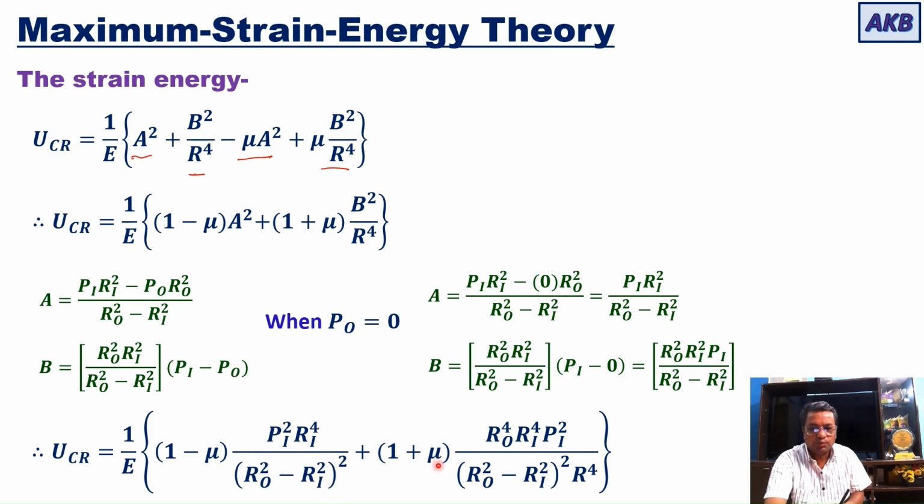Plus (1 plus mu), it is B squared, so I have squared this equation. That gives me ro raised to 4, ri raised to 4, Pi square divided by the square of (ro square minus ri square) into r raised to 4. I get this equation because you have the square of B and r raised to 4 is already there in the equation. So at the end you are getting this equation for the strain energy.